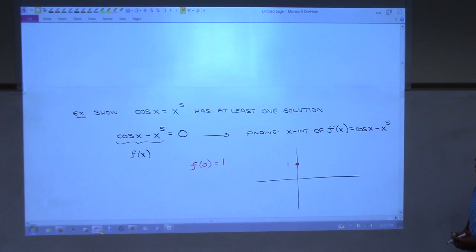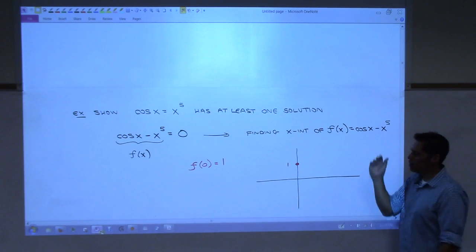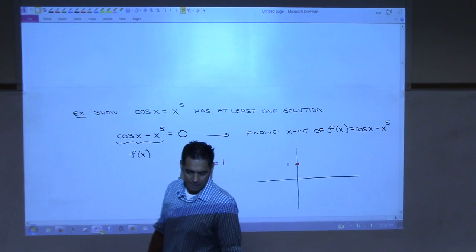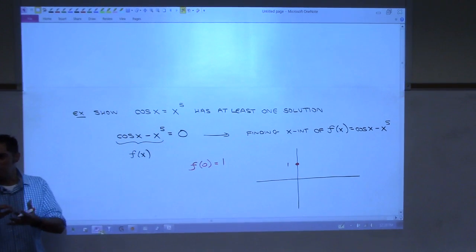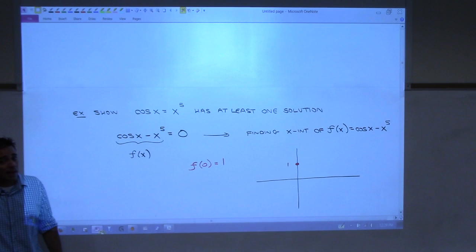Now, let's try something else. Where else are you going to be comfortable with plugging something into cosine without your calculator? What other angle are you comfortable doing cosine of? You need a calculator for cosine of 1, right? Probably. What other angle? Do you know what cosine of pi is?